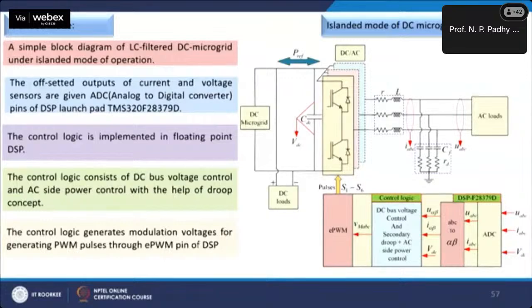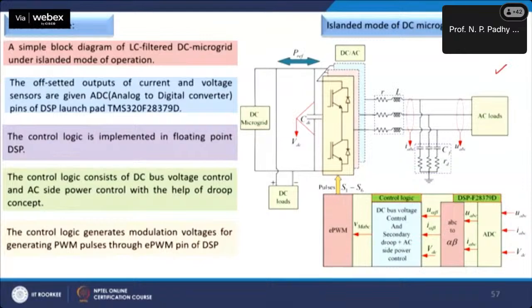A simple block diagram of the LC filter DC microgrid under islanded mode of operation is shown here. The offsetted outputs of current and voltage sensors are given to the ADC, that is, analog to digital converter pins of the DSP launchpad TMS320F28379D.